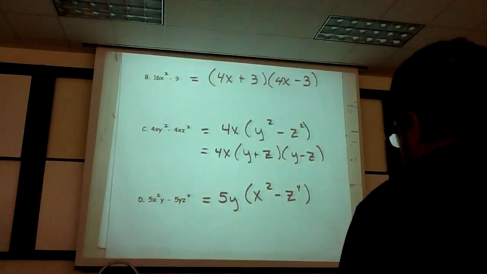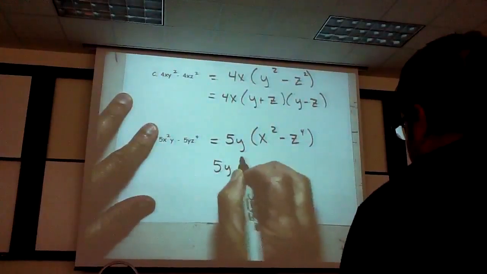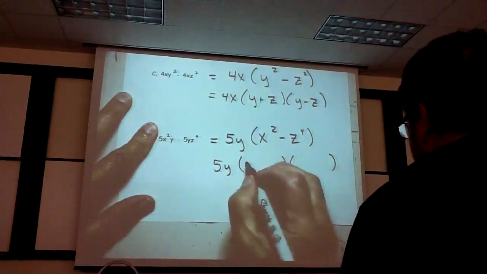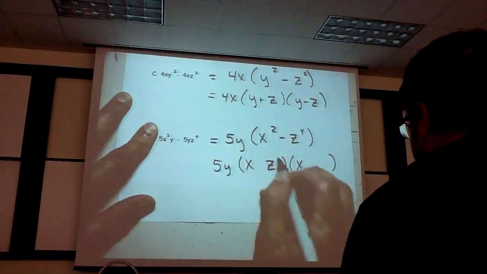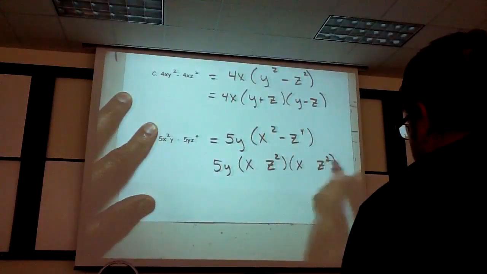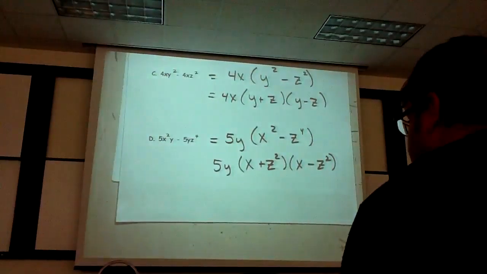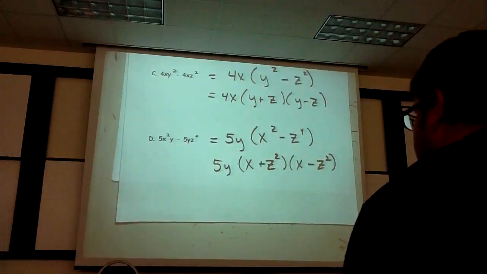So yes, this is the difference of two squares. It factors into two binomials: square root of this guy here and here, square root of this guy here and here, plus and minus. Okay?